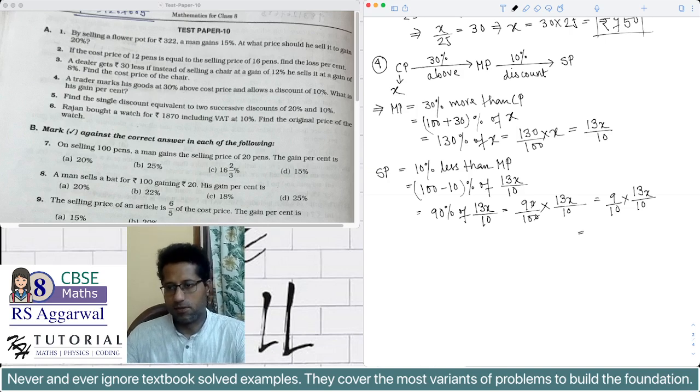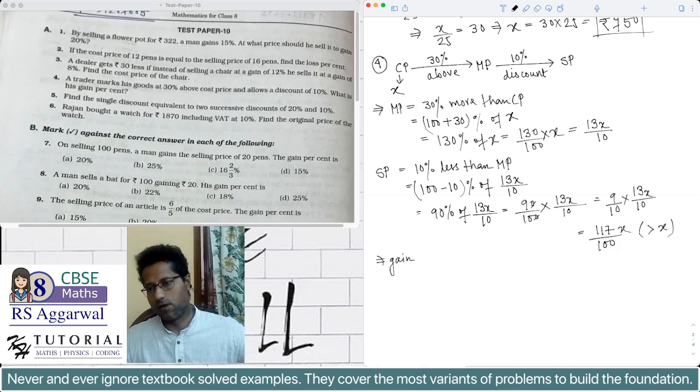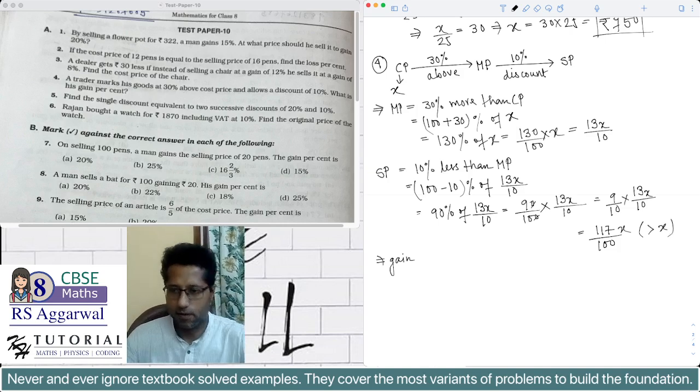So if we simplify, this is 117 divided by 100 X. SP is this. So this implies the gain. This is definitely greater than X because the fraction 117 by 100 is greater than 1.